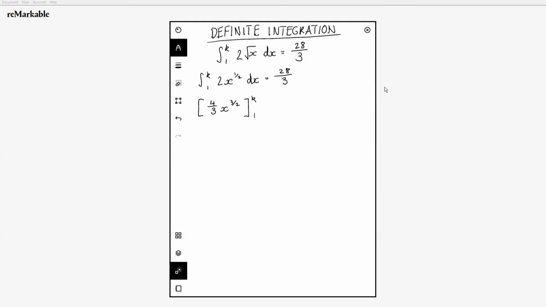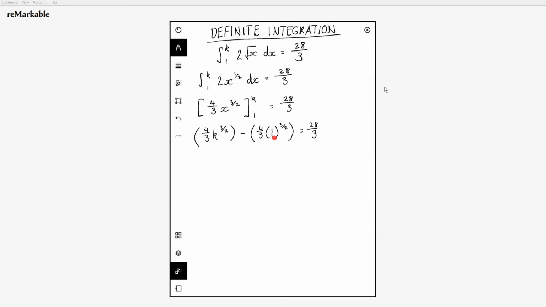Okay, so that's the integral from k to 1 equals 28 over 3. So we take this expression and we substitute k in instead of x, and then we take that away from this expression with 1 instead of x. So 4 over 3 k to the power of 3 over 2 minus 4 over 3 times 1 to the power of 3 over 2 equals 28 over 3.